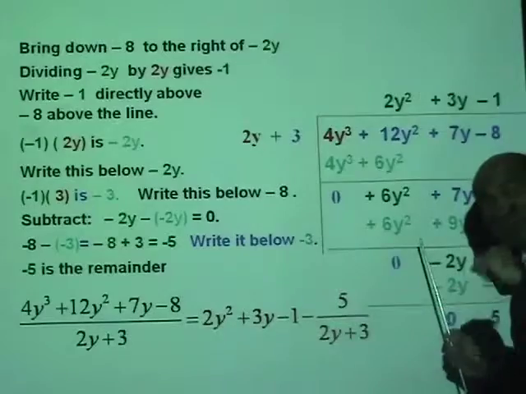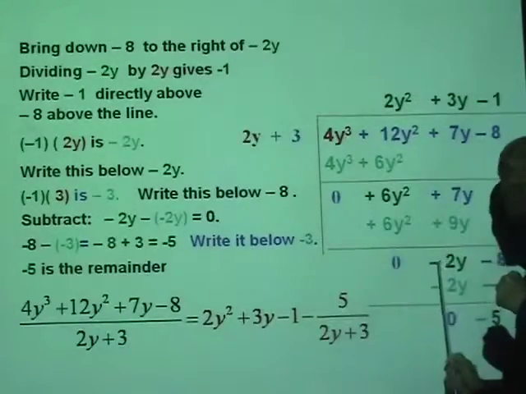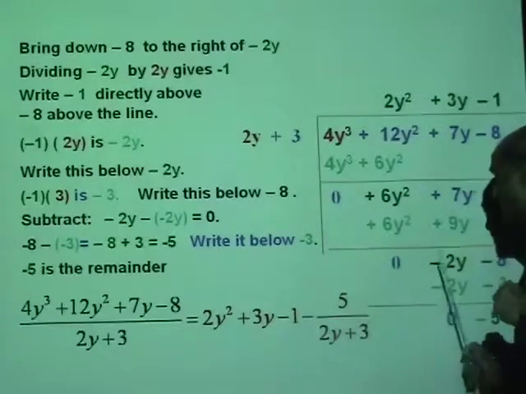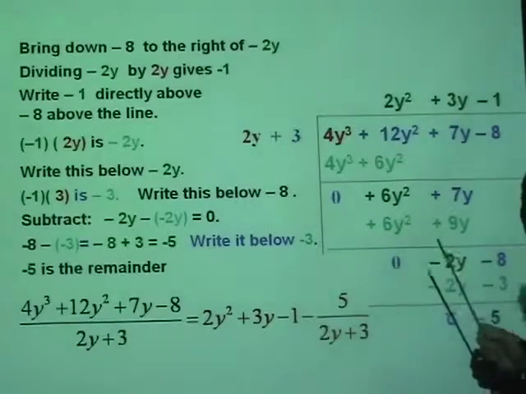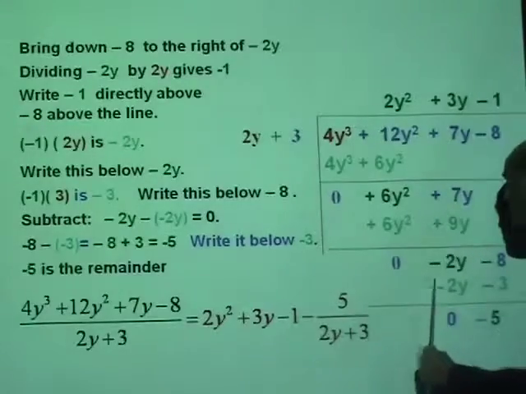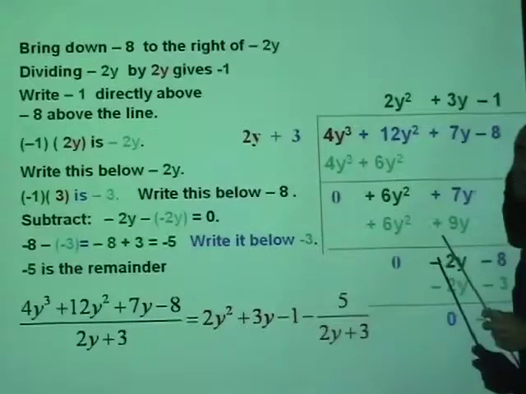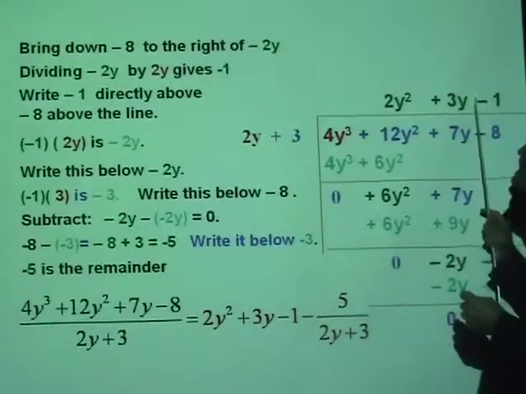Subtract 9y from 7y. 7y minus 9y is negative 2y. And now bring down the negative 8 from above. And now we repeat the same thing. Negative 2y is divided by 2y. What is negative 2y divided by positive 2y? Is a negative 1.